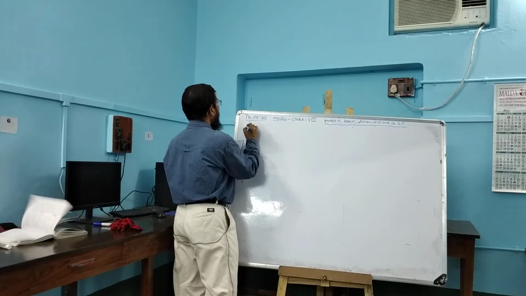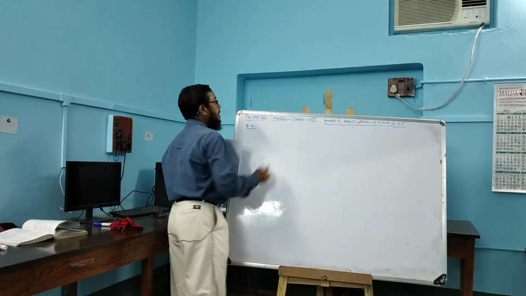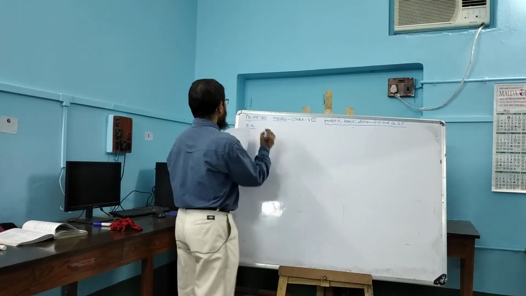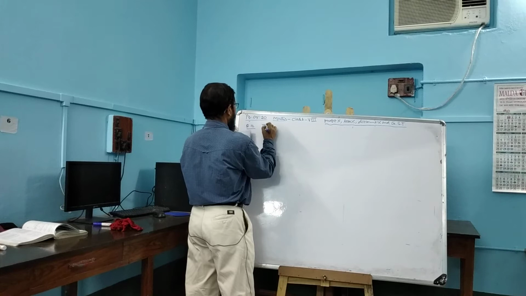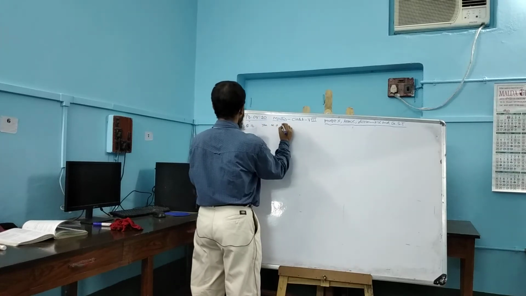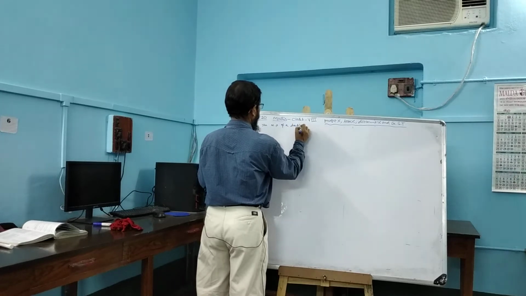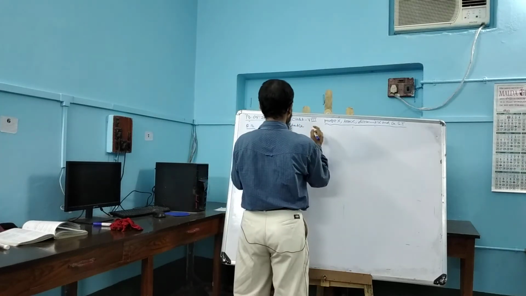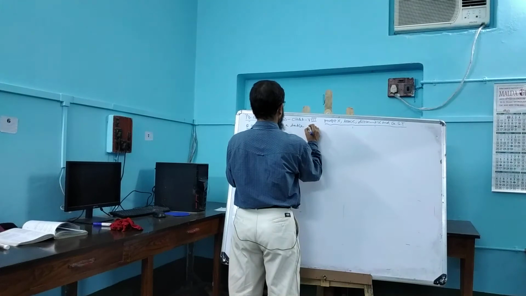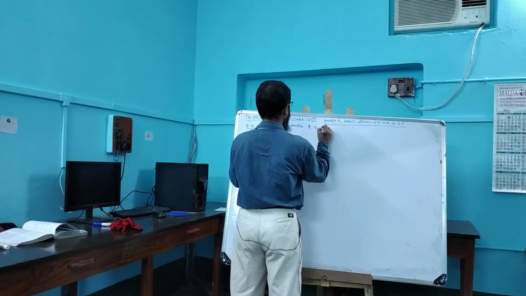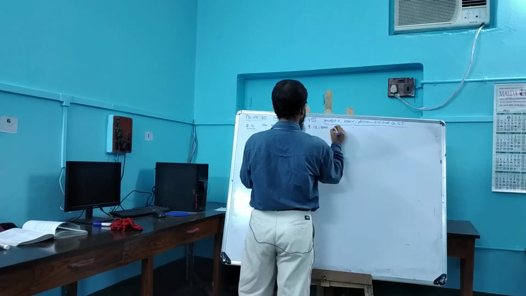Question number 12. Write down the question. The MP of a table, MP of a table, rupees 12,500.